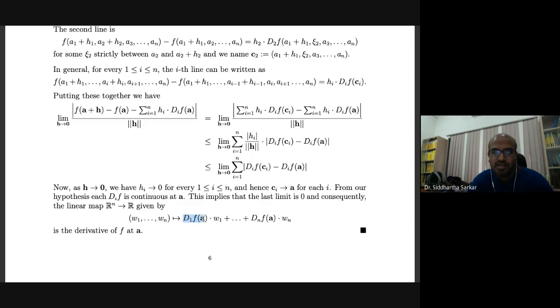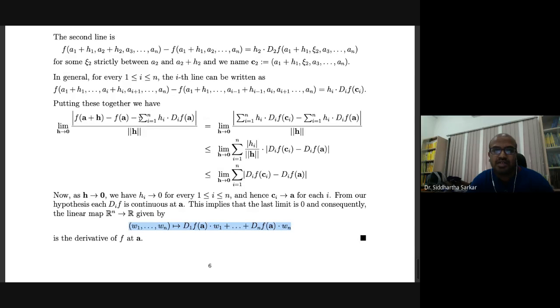So keeping these partial derivatives as fixed constants, you get a linear map over here. This is the linear map I'm going to test, whether this turns out to be the derivative or not. If you carefully look at the statement of this theorem, this is nothing but what you are expecting.